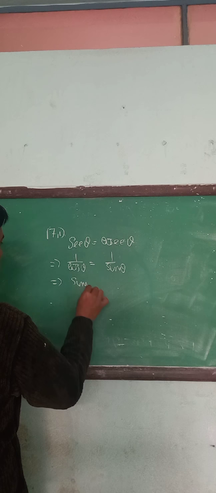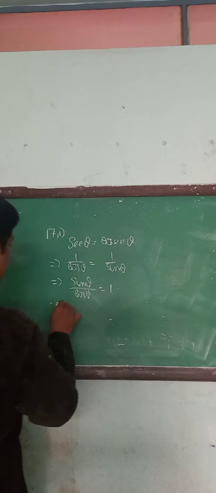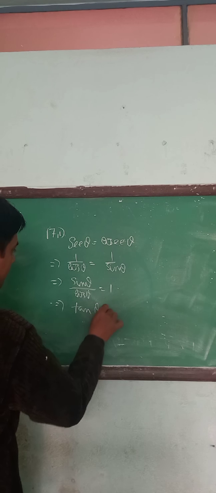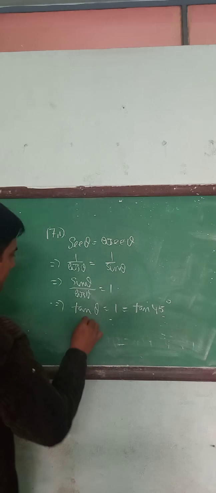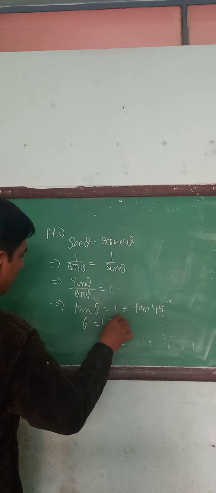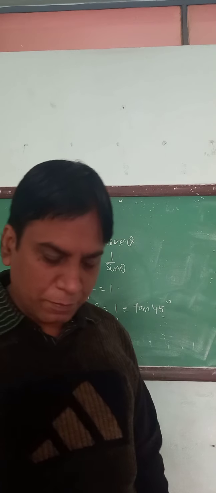Now sin theta goes to the other side, so sin theta by cos theta is equal to 1. That is tan theta is equal to 1, that is tan 45 degree. So theta value is 45 degree. The question asks to find the value between 0 and 90, so this theta value 45 is within the range.